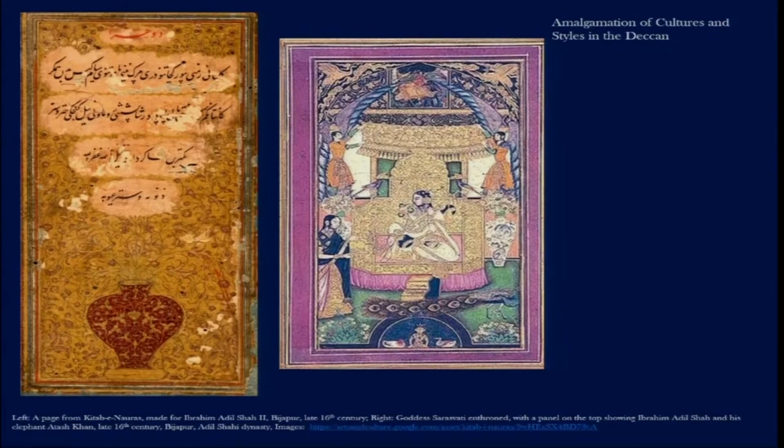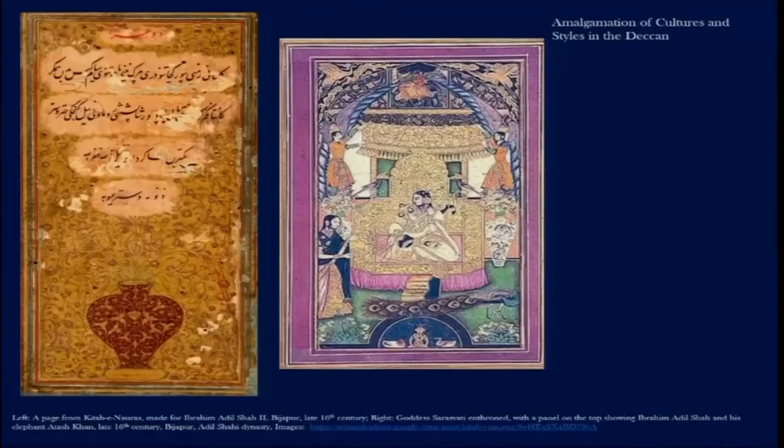So, starting with Kannada, Telugu, Marathi, and of course Persian and Urdu perhaps as well. So, all these different linguistic, religious and cultural components, we find them to be assimilated in the kind of works he had commissioned.